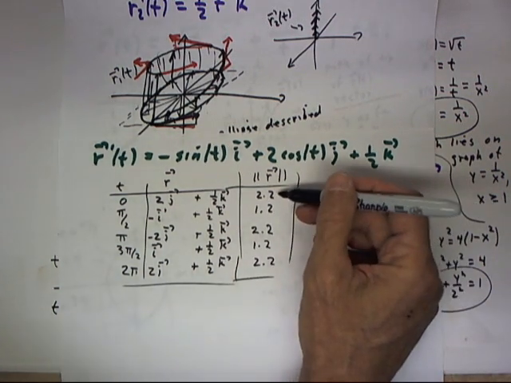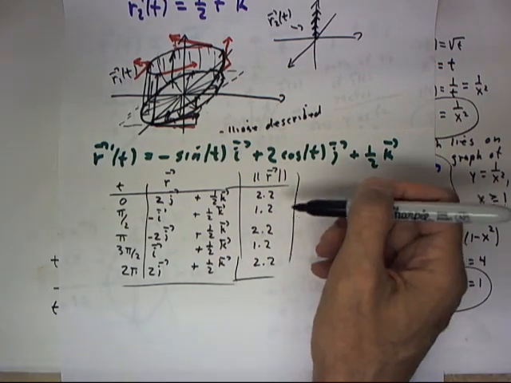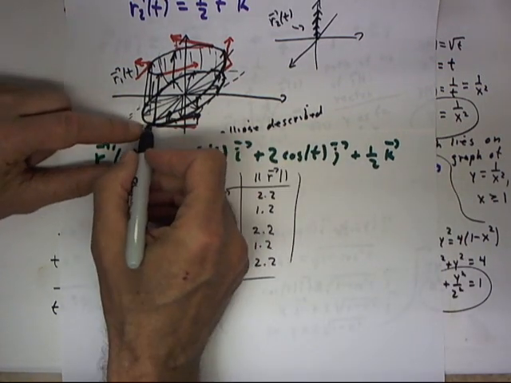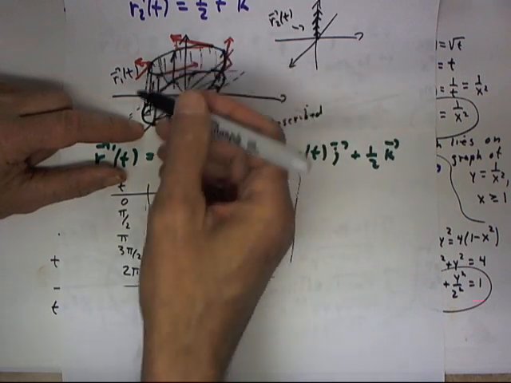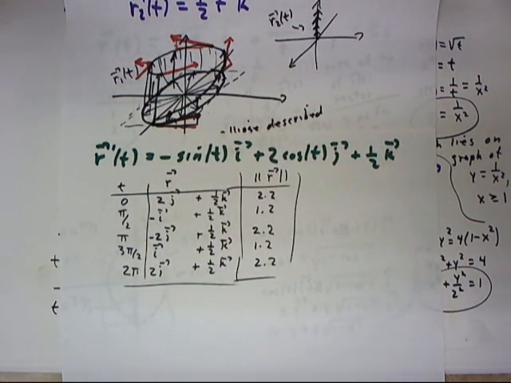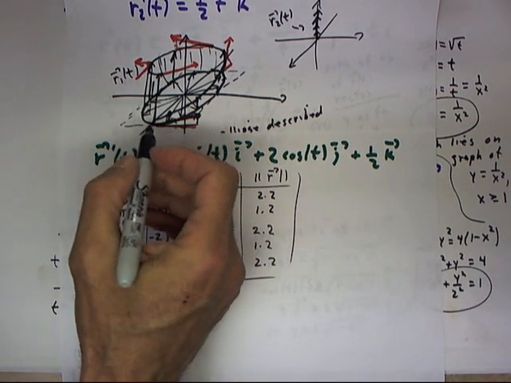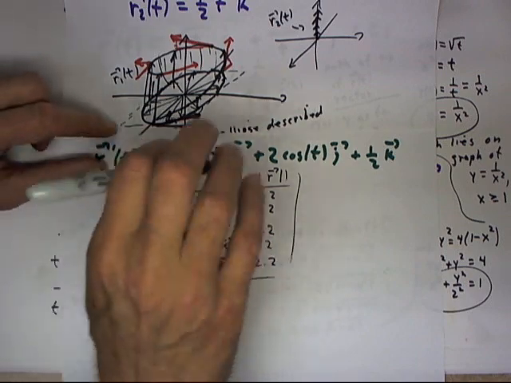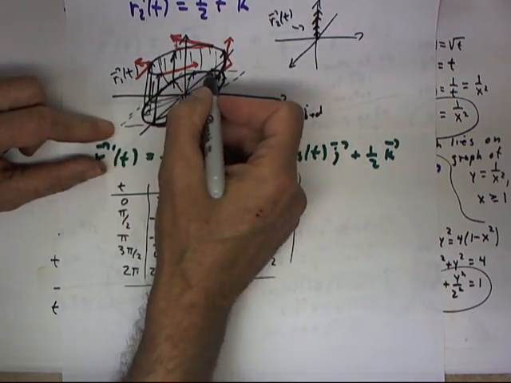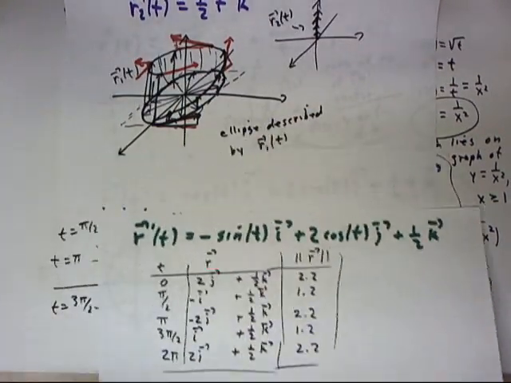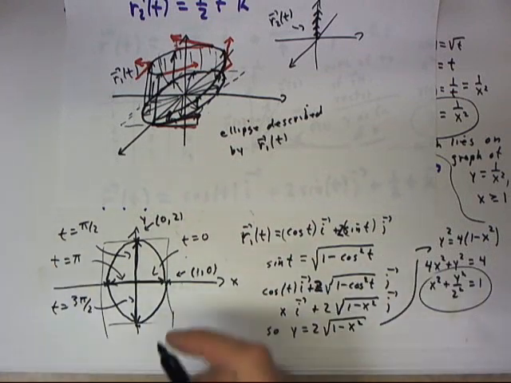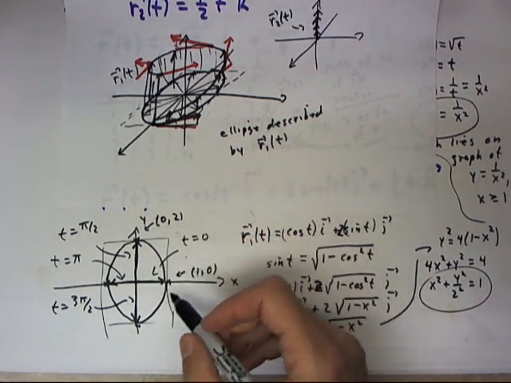The point to be made here is, where is this vector moving the fastest? Well, it's moving the fastest when it's moving in the y direction. Okay, when we're around at this point and this point, and that makes sense in terms of our original ellipse.